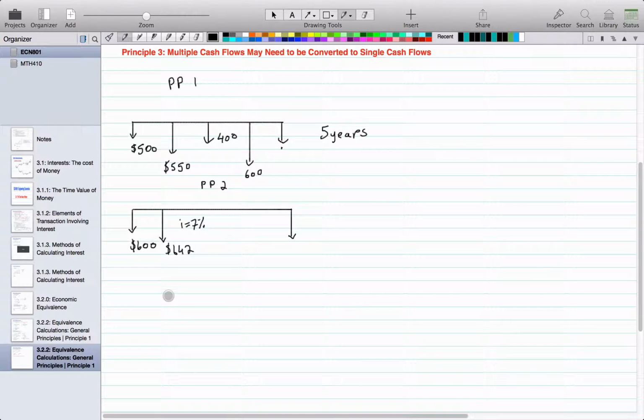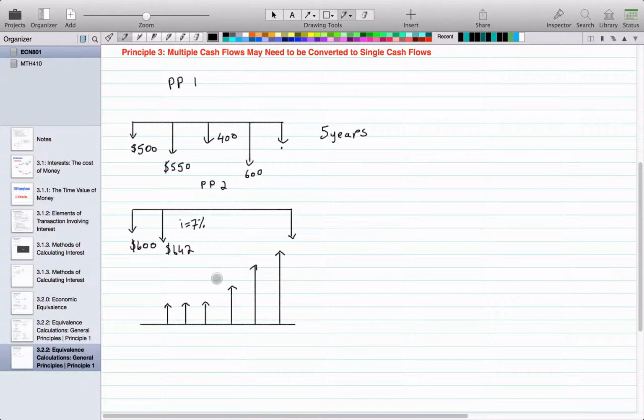Now, you might be thinking, why is this so important? In some questions, we will see that there are certain patterns of cash flows. One of the questions that we'll be doing later on, they will have patterns of cash flows. How would you do this case?